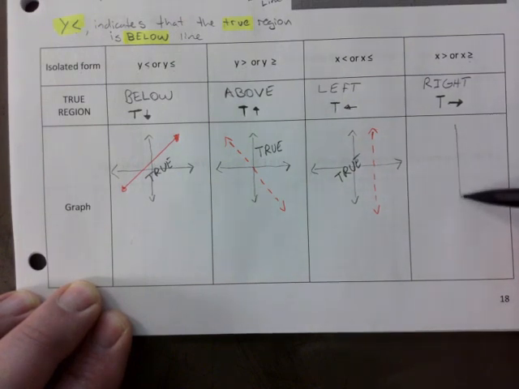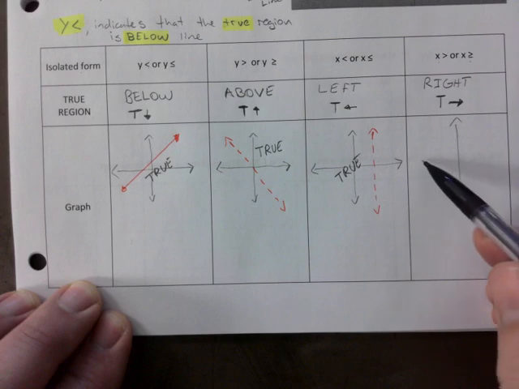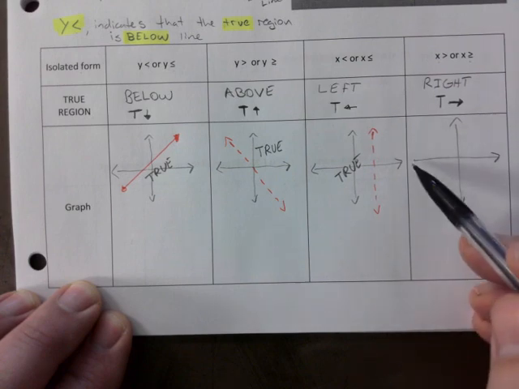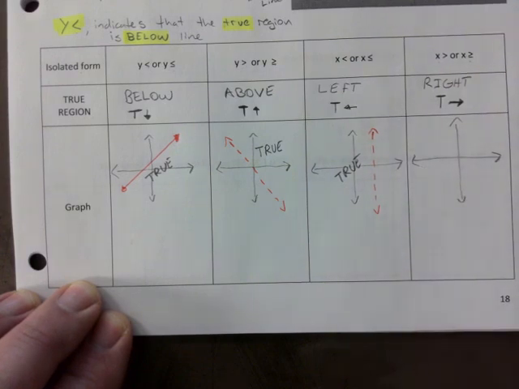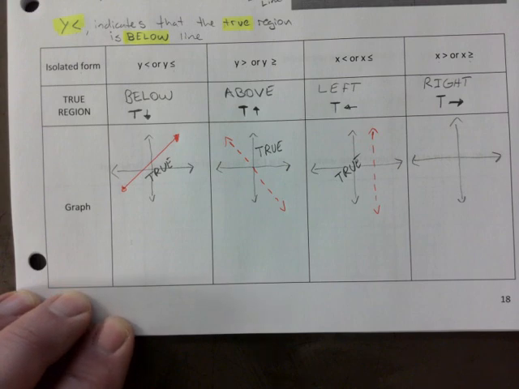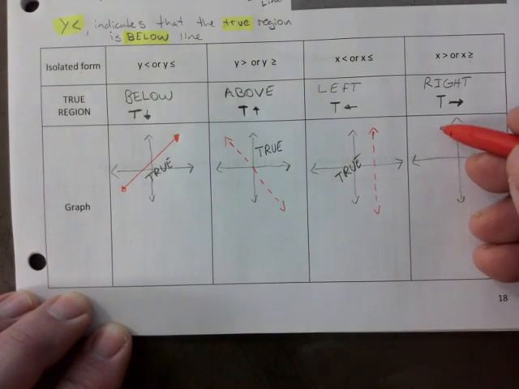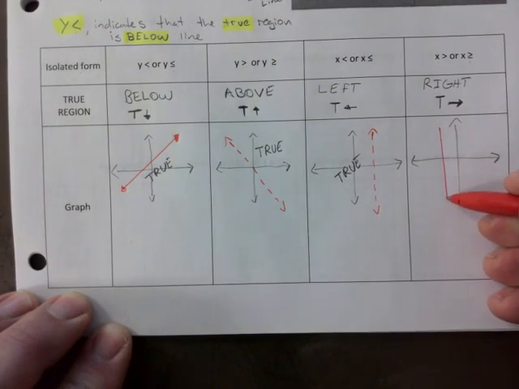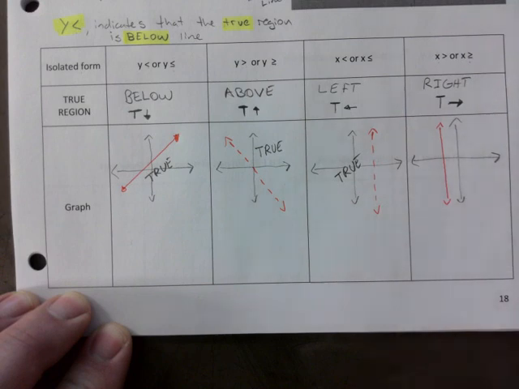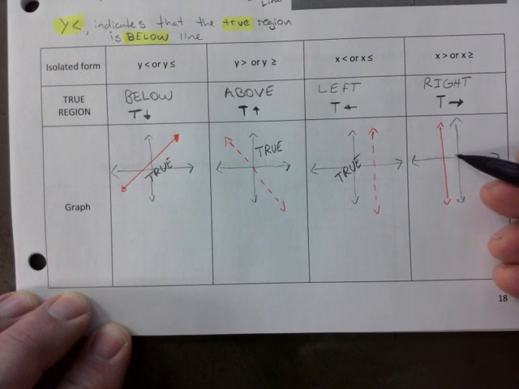And then one more, where let's say our vertical line is right here. And the true region, because x is greater than or equal to, is over here.